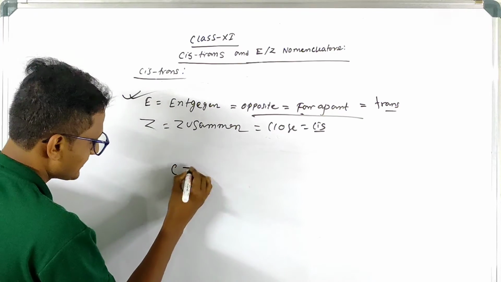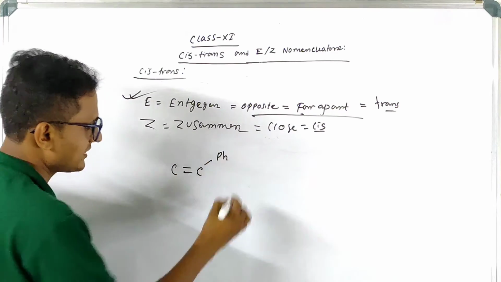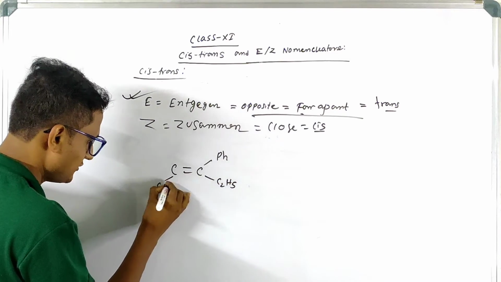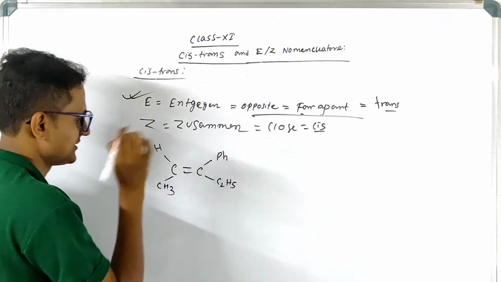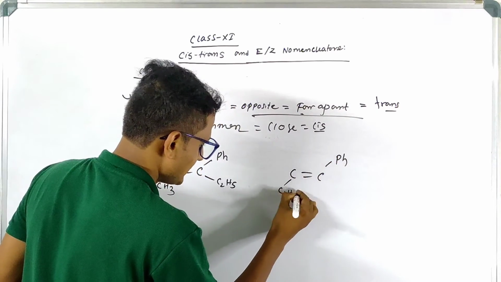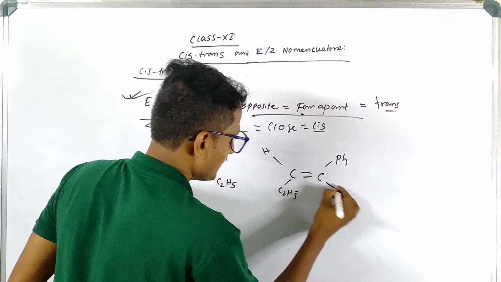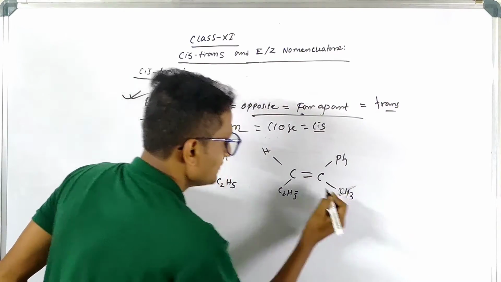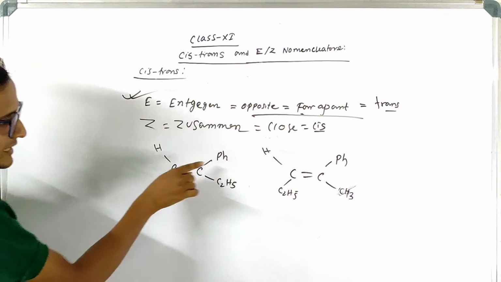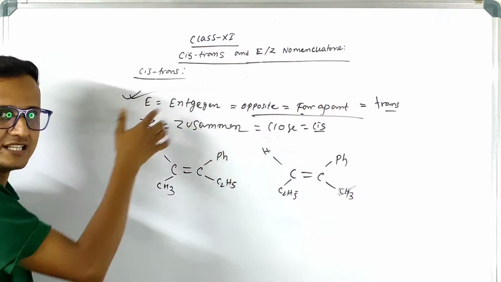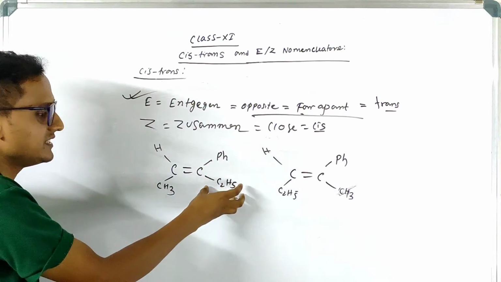Okay, let's take another example. I am taking here a phenyl group, here a C2H5 group, here a methyl group, here hydrogen. Here also Ph, here C2H5, here hydrogen, here chlorine. Sorry, this one is CH3. Now say the nomenclature. Here Ph, here C2H5. The phenyl, that means the benzene ring, will have more priority than the ethyl group.